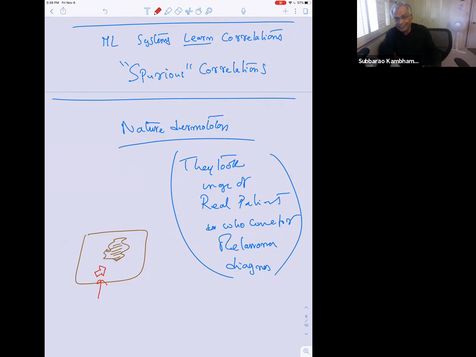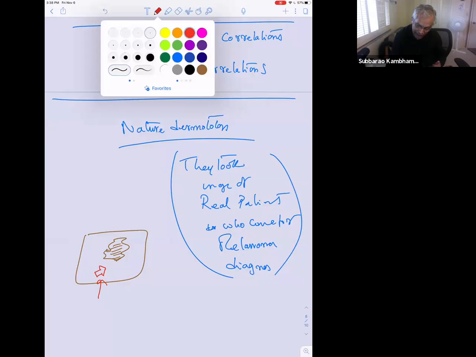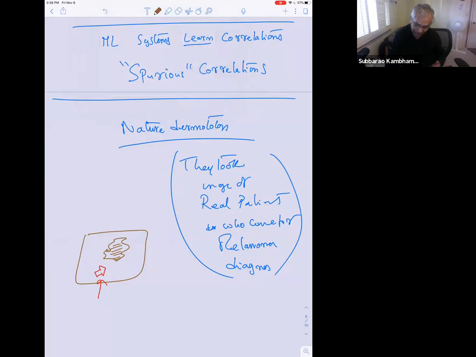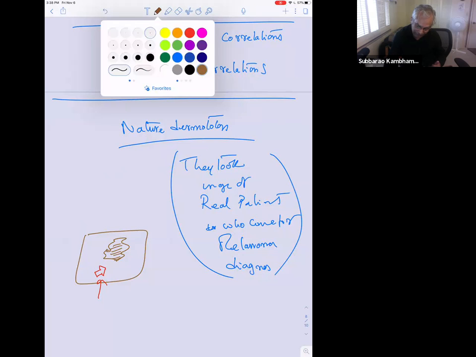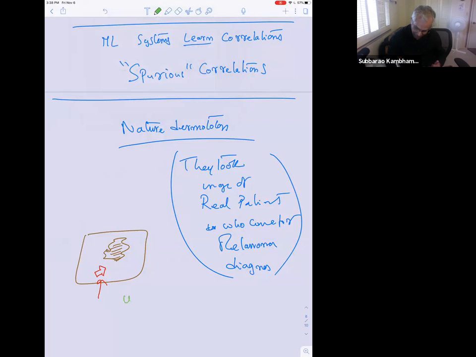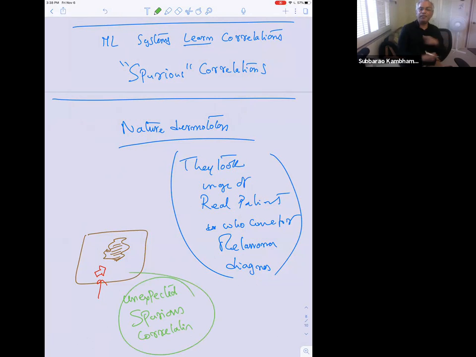It's not that the researchers were trying to cheat. They just took the data that was available. And the available data had an unexpected spurious correlation. So that's what the system was picking up on.